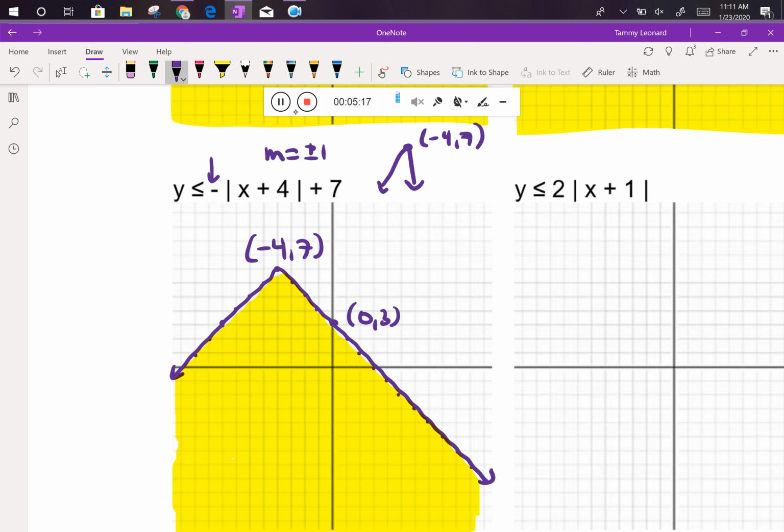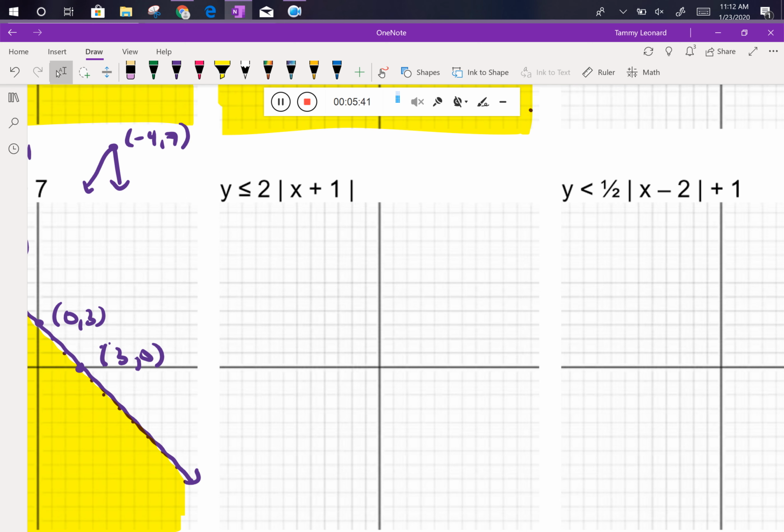Looking across, I would be at (-8, 3). And then I need two more things, so I might pick (3, 0), and maybe I pick (-6, 5). But it doesn't matter, you can pick anything you prefer.